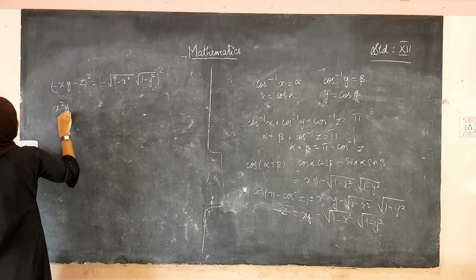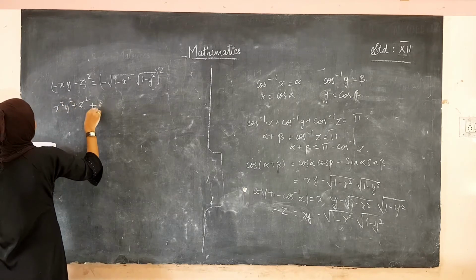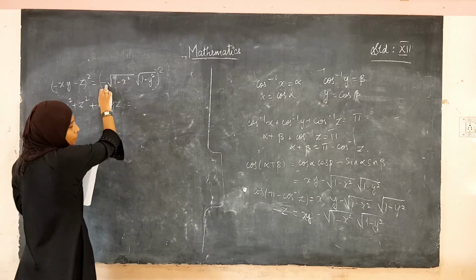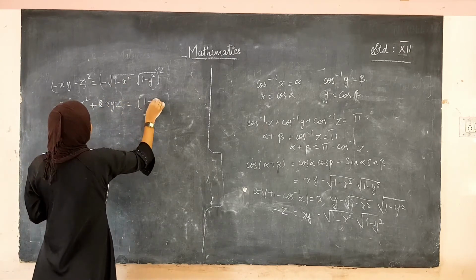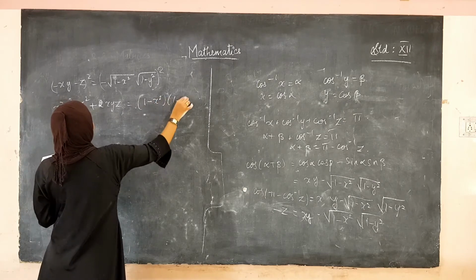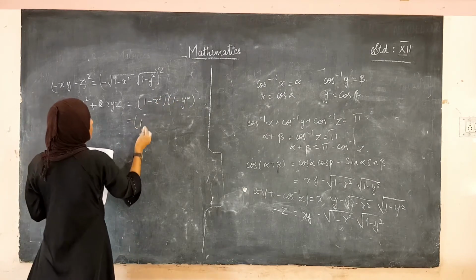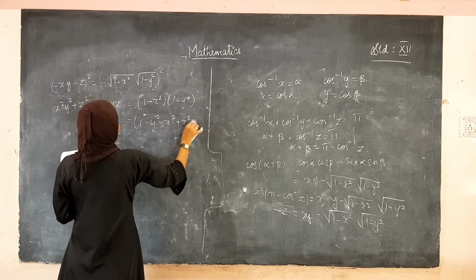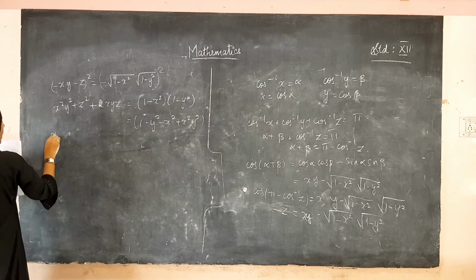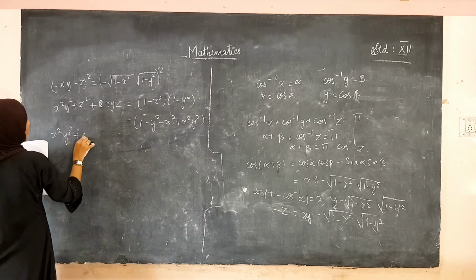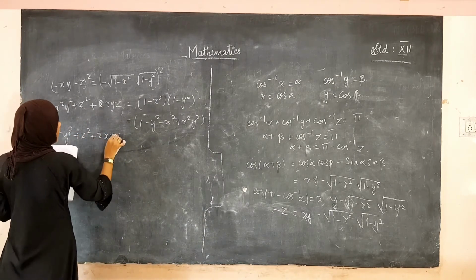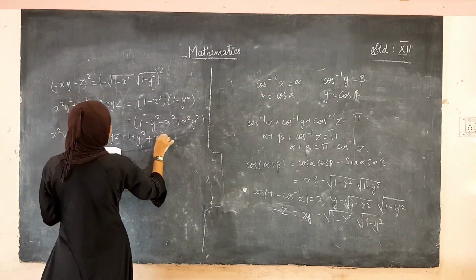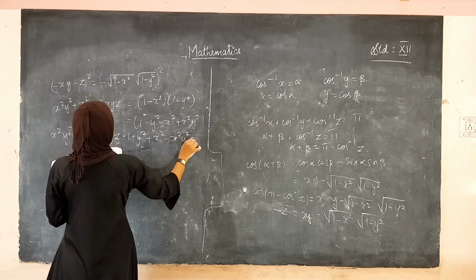Therefore, x squared y squared plus z squared plus 2xyz is equal to, on squaring, minus gets plus, 1 minus x squared into 1 minus y squared. See, this is 1 minus y squared minus x squared plus x squared y squared. So bring these terms this side: x squared y squared plus z squared plus 2xyz minus 1 plus y squared plus x squared minus x squared y squared will be equal to 0.